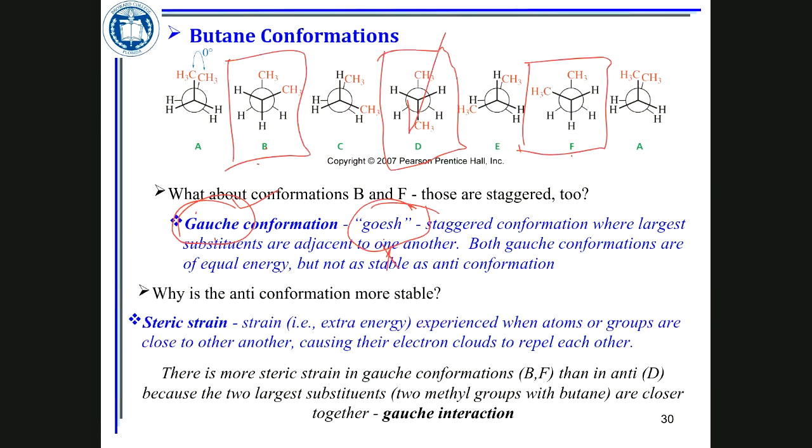And then as close as possible, the two methyl groups as close as possible, that would be A. B and F, they are the same. They are not covering each other, but the methyl groups are not as far as possible from each other. And then the only thing that is left is C and E.